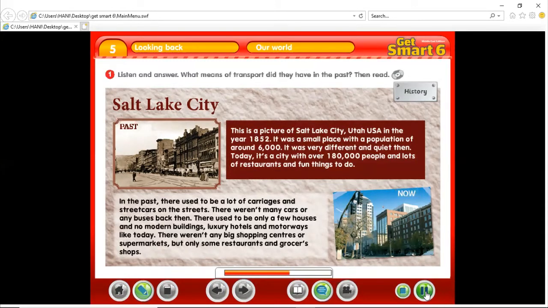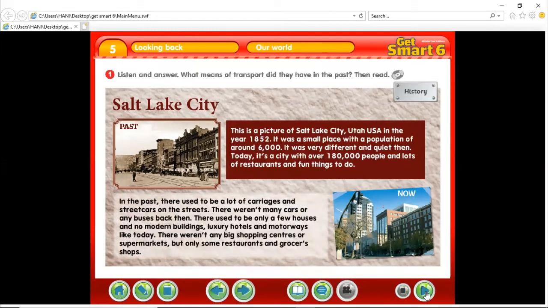Now, in the past, there used to be a lot of carriages and streetcars on the streets. There weren't many cars or any buses back then. There used to be only a few houses and no modern buildings, luxury hotels, and motorways like today. There weren't any big shopping centers or supermarkets, but only some restaurants and grocers' shops.